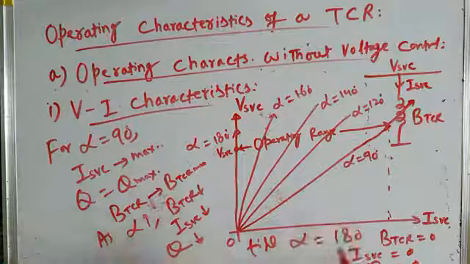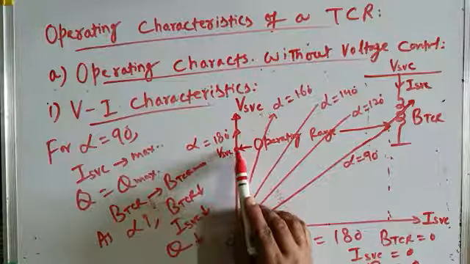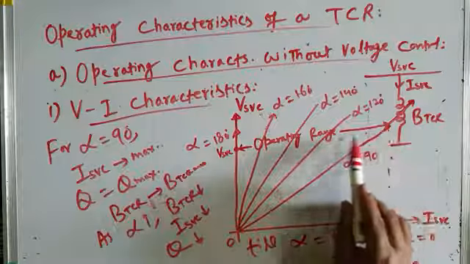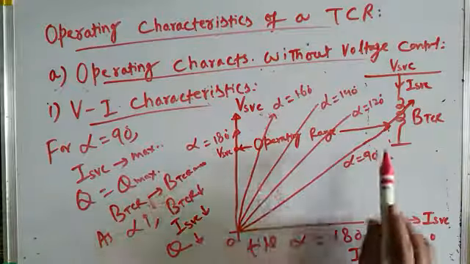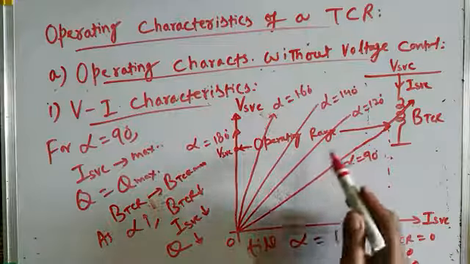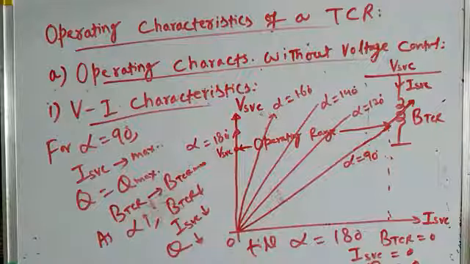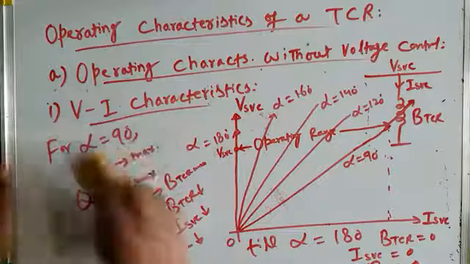So this clearly shows that for a given bus voltage or SVC voltage, for different delay angles, the operating range of TCR can be very easily found, and we can find how much reactive power is being absorbed by the TCR. Fine. So this is the first type of characteristics, that is VI characteristics.